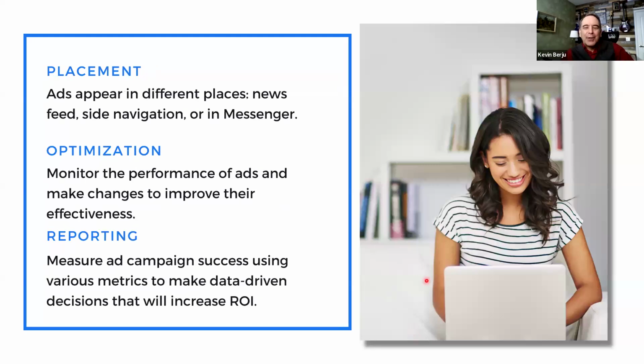Okay, so continuing on, ad placement. Ads appear in different places, right? Once an ad has won the auction, Facebook displays it to the targeted audience. Ads can appear in various places on Facebook, not all the places that you might think. Including the news feed, where someone's scrolling through their news feed, which you see all the time, as they normally would, or on the right-hand side of the screen, or even in the Facebook Marketplace and through Messenger.